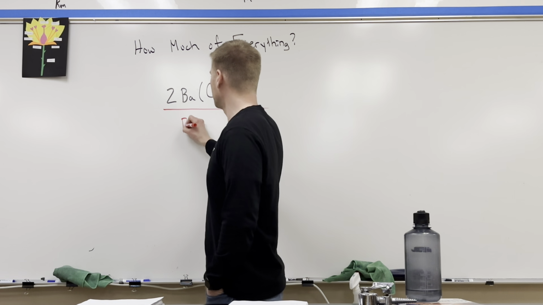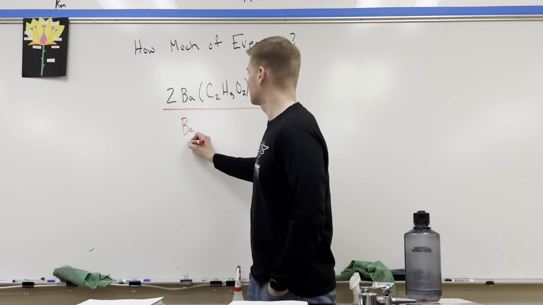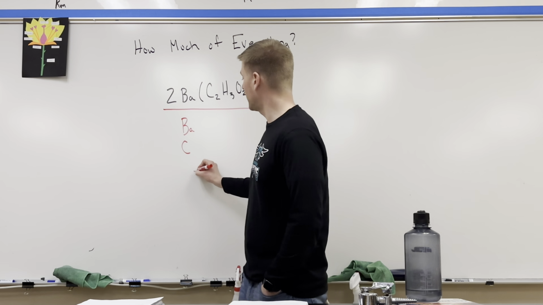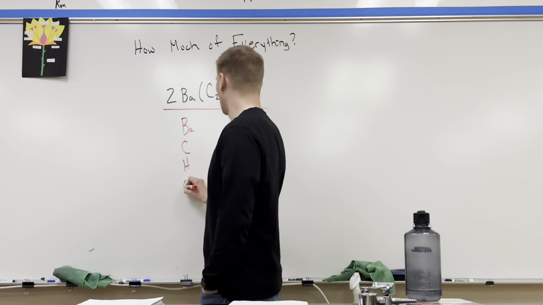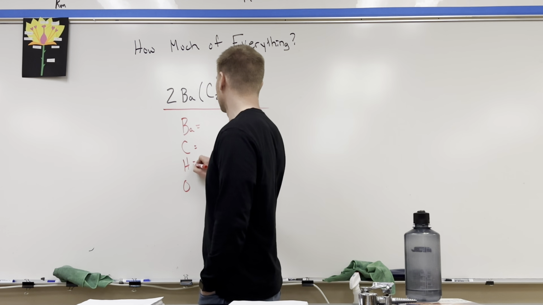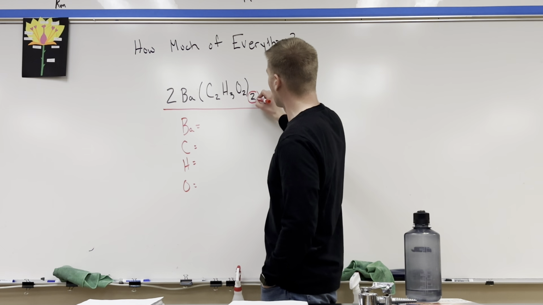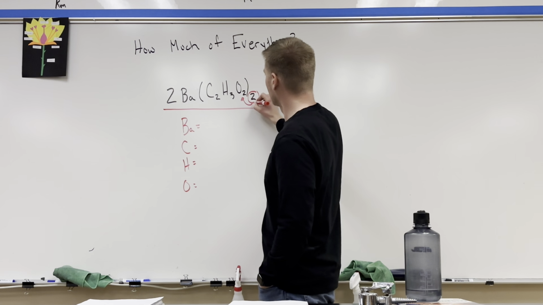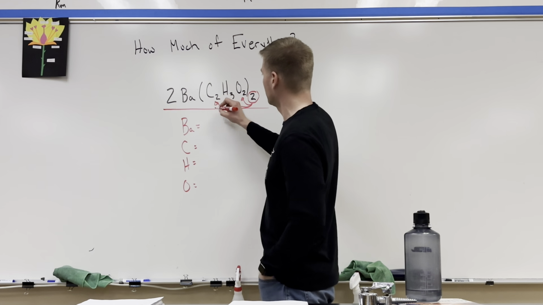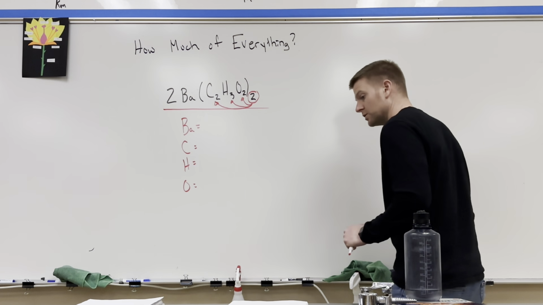So we have Ba, which is barium, C, which is carbon, H, which is hydrogen, O, which is oxygen. Once again, if you need to draw arrows to show where everything is distributed, by all means, please do that.